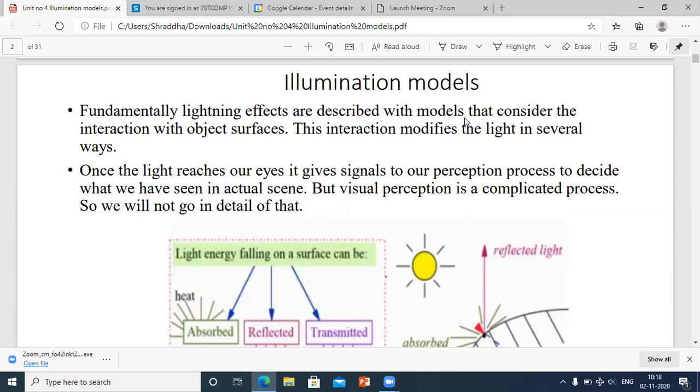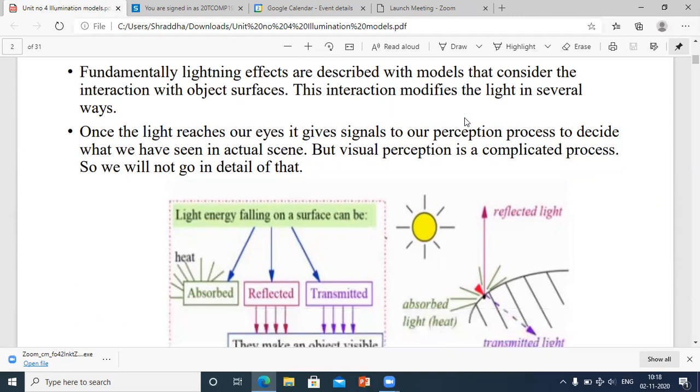So let's start now. Illumination models. In this figure, I will tell you what is described. Fundamentally, lighting effects are described with models that consider the interaction with object surfaces. This interaction modifies the light in several ways. Once the light reaches our eyes, it gives signals to our perception process to decide what we have seen in the actual scene.